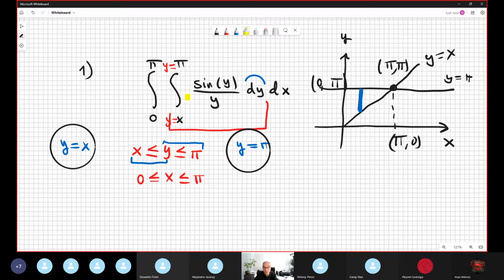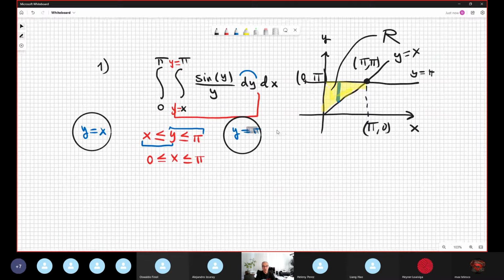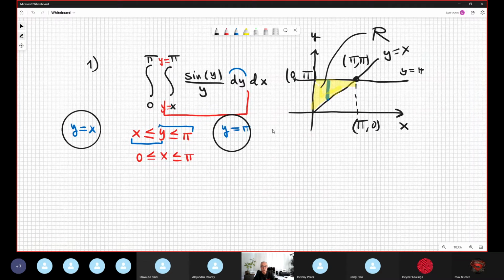So basically the region this student was working with is that region. This is our famous R. The goal for this problem is changing the order. Changing the order means your integration is not like that, your integration is like that.